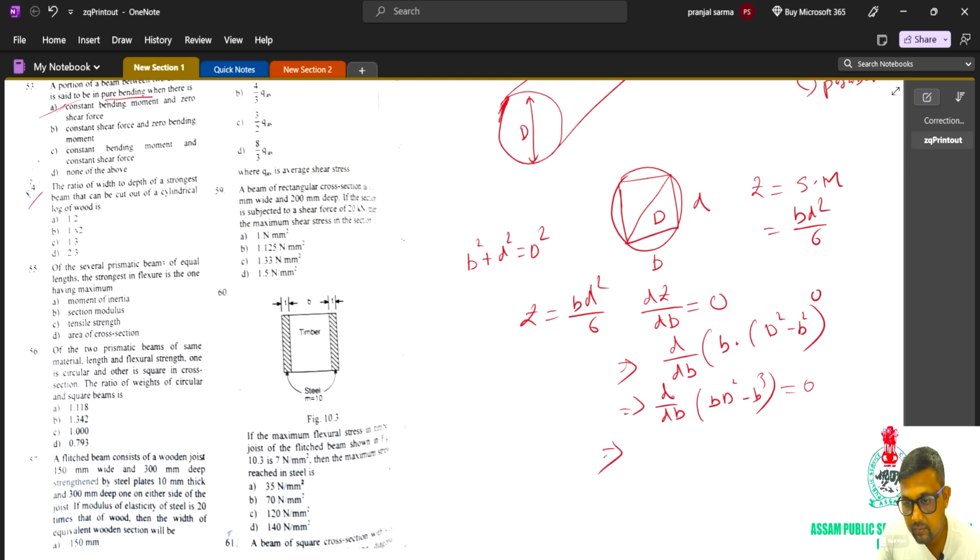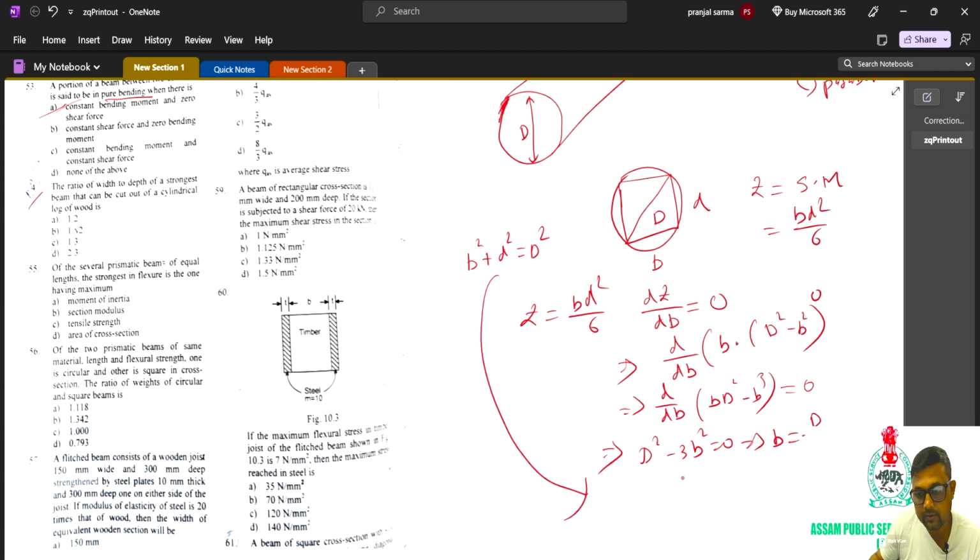So D square minus 3 b square is equal to 0, so b is equal to D by root over 3. If b equals D by root 3, then from this equation, D by root 3 squared plus d square equals D square.